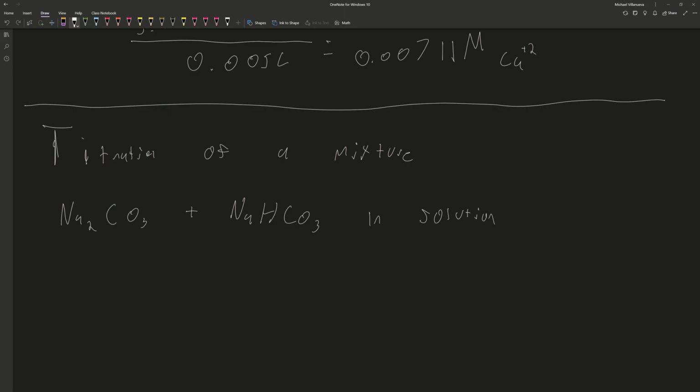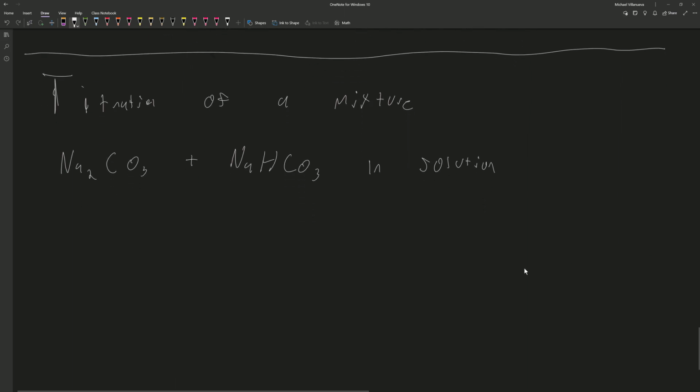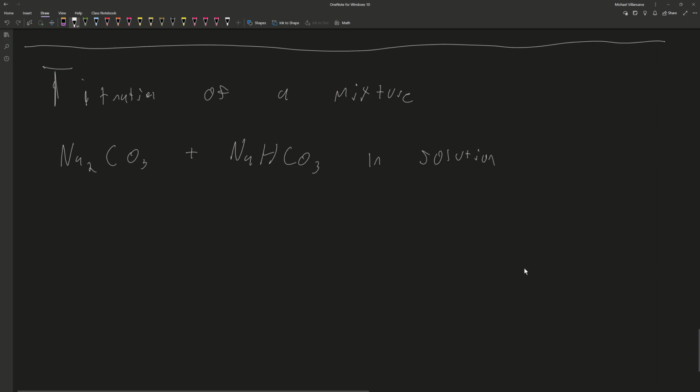How would I determine the amount of each of these after a titration? This is what we are going to be figuring out how to do.